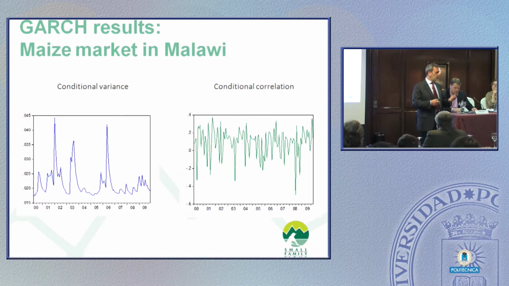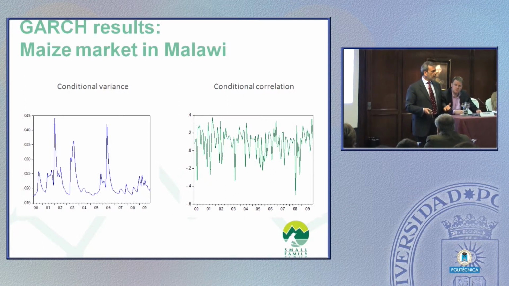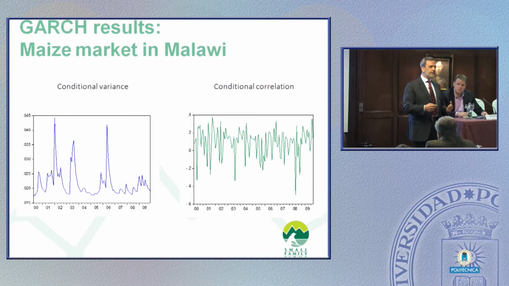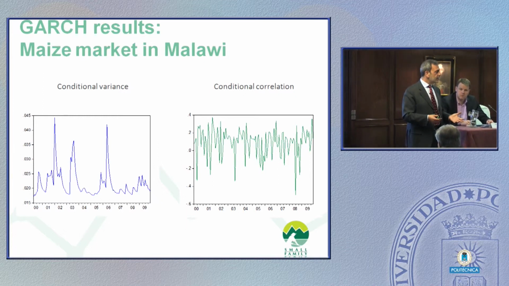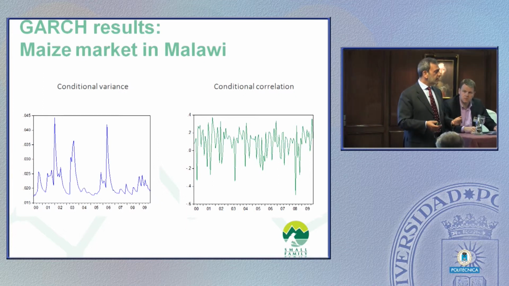Malawi has two marketing boards. The first is the Agricultural Development Marketing Board, ADMARC, that more or less manages the maize market. There is another marketing board which is only for food security, the Food Reserve Agency. What happened is that their early warning system said that there is a maize surplus this year.